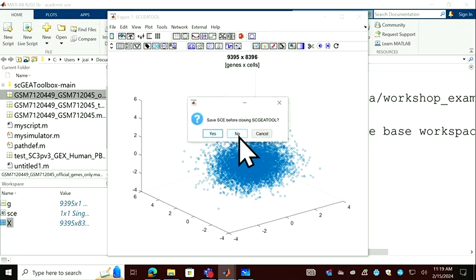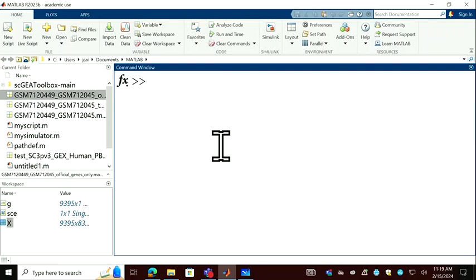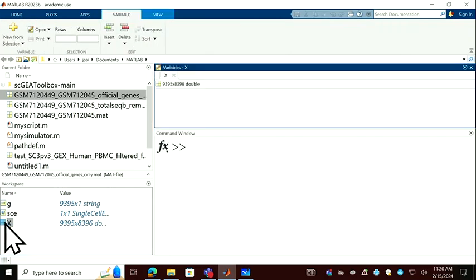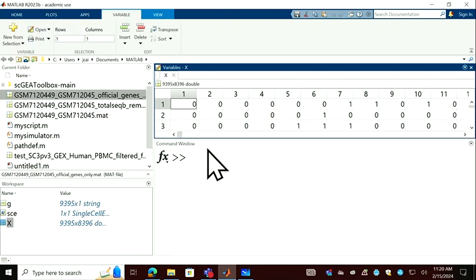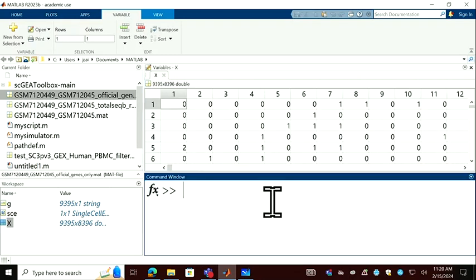Okay, we don't need this interface anymore. Okay, now your job is to run PCA for this data matrix.